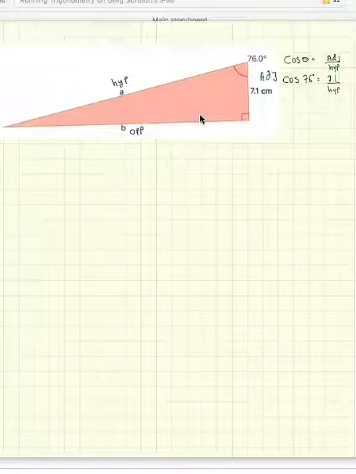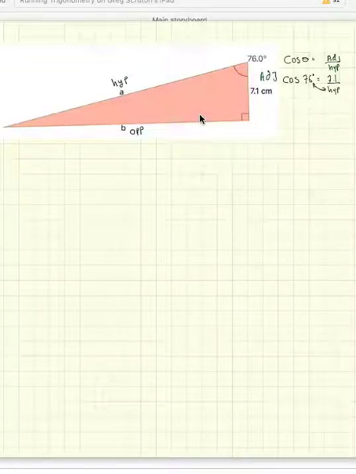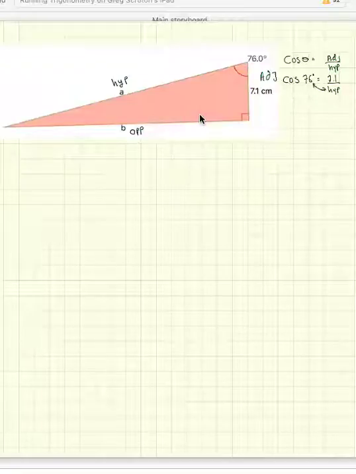All right, so I'm going to use cross multiplication. I'm basically going to switch the hypotenuse and the cos of 76 degrees. In terms of cross multiplication, I can just think of it as I'm switching the cosine of 76 degrees and the hypotenuse. We're just switching them around. Okay, so hypotenuse is equal to 7.1 divided by the cosine of 76 degrees.